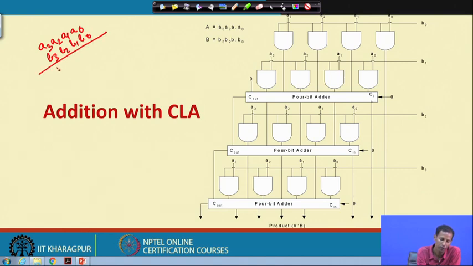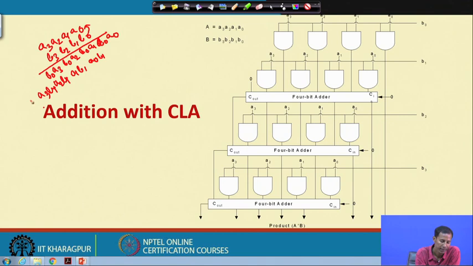So, what do I have to do? Initially, B0 will be multiplied with each bit of A, so that is B0 A3, B0 A2, B0 A1, B0 A0. Then that will be shifted by 1 bit for B1, and B1 will start from here. So, it will be A0 B1, A1 B1, A2 B1, A3 B1.